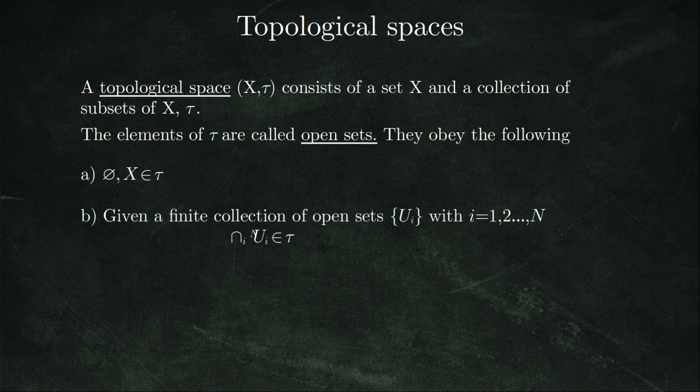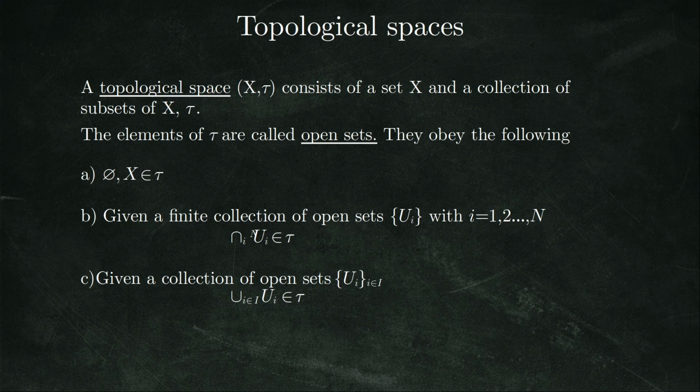Secondly, given a finite collection of open sets, so that's elements of tau, the intersection of all of these is in tau. And similarly, given an arbitrary collection of open sets, the union of all of these is again in tau. So that is, it's closed under finite intersections and arbitrary unions.